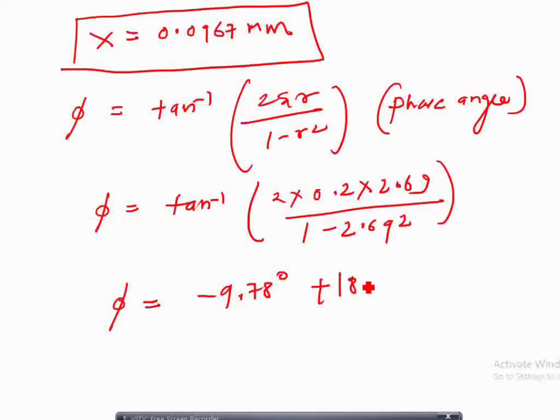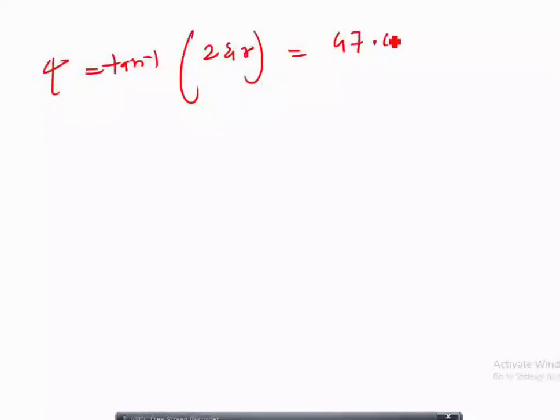So add 180 degree here. So you are getting phi as 170.22 degree. Okay. So once you get phi, obviously alpha is equal to tan inverse of 2 zeta r, which is equal to 47.9 degree.